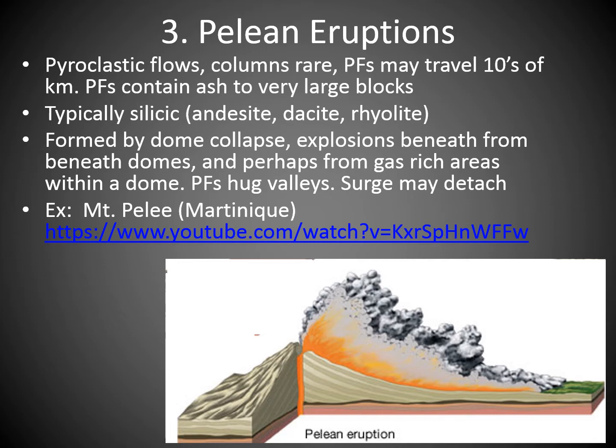So there's one starting up on the top, so a big chunk of the dome just collapsed. And it'll roll down, all the blocks will collide into one another. It'll make that elutriating ash that you see go up.